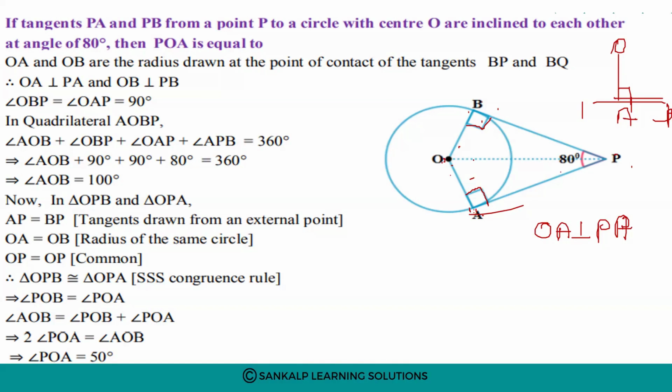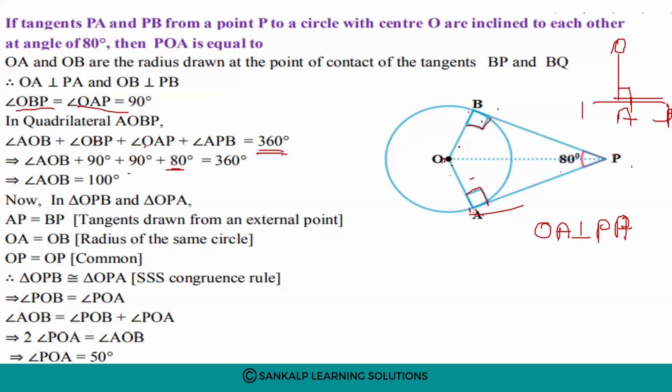The sum of all internal angles in a quadrilateral is 360 degrees. AOB we don't know. OBP is 90 degrees, OAP is 90 degrees, APB they have given, that is 80 degrees. The full internal sum is 360 degrees.